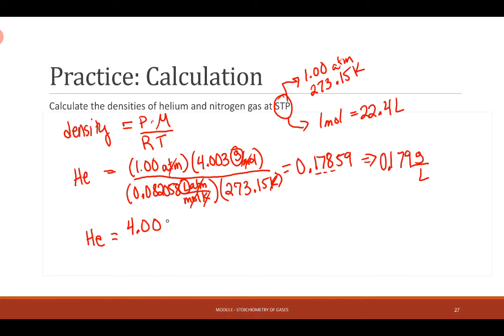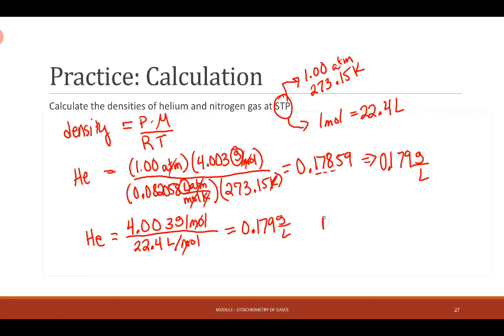That means I can take my molar mass, in units of grams per mole, and use this 22.4 liters per mole relationship. The moles cancel out, and I'm left with grams per liter. If you calculate the density in this way, we end up with the same value, which is really cool.